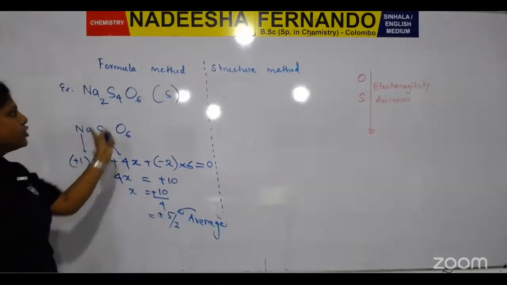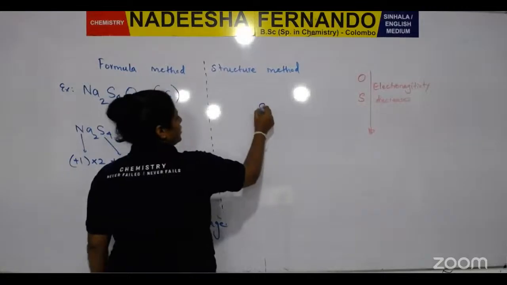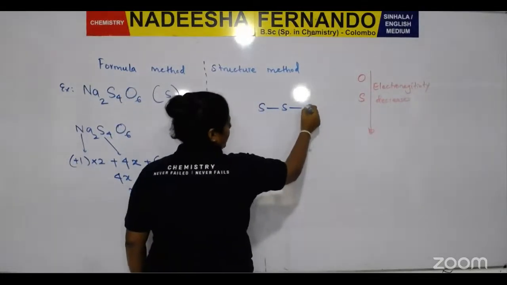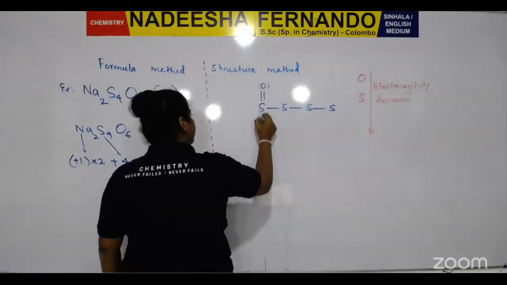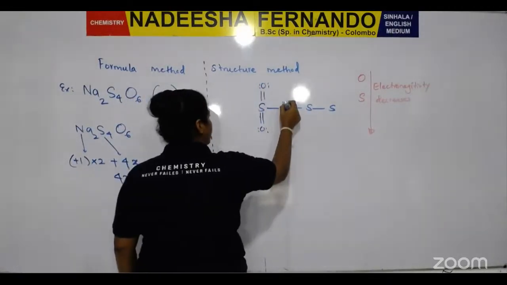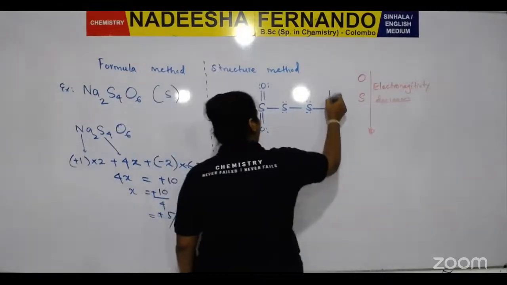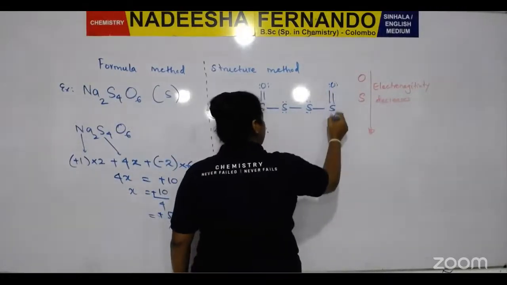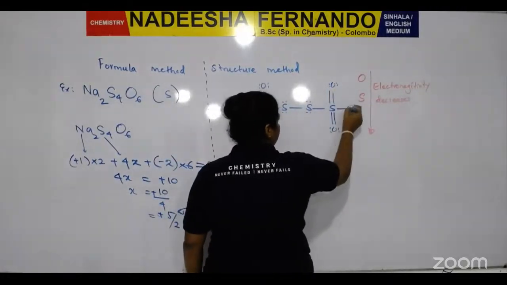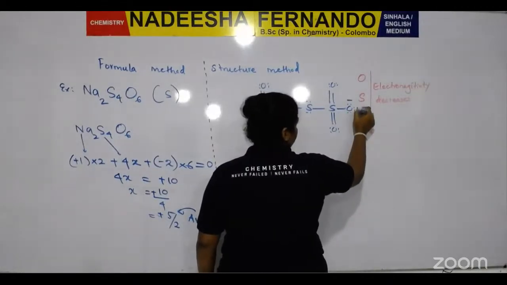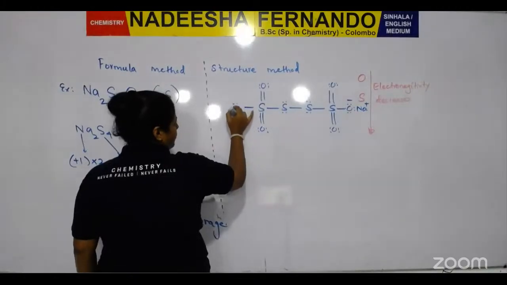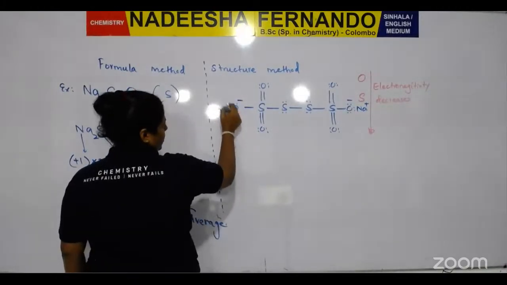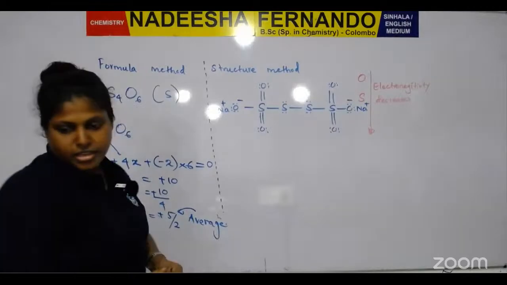To get the exact one, this is the tetrathionate. There are 4 sulfur atoms linearly combined. Then this oxygen atom forms the ionic bond with the sodium. Right, now you know how to get it.